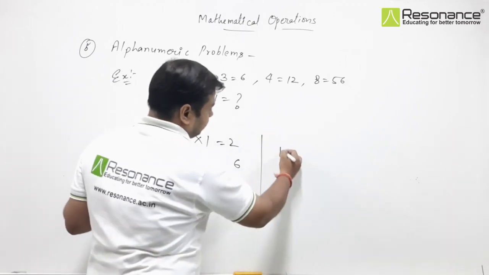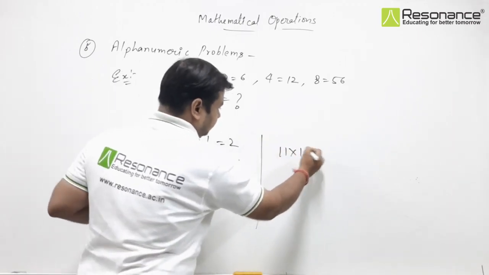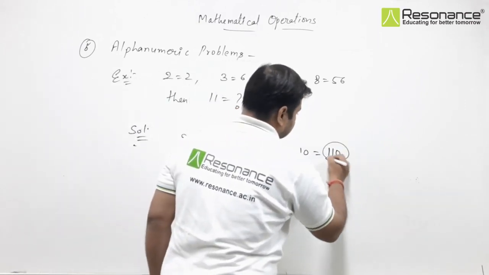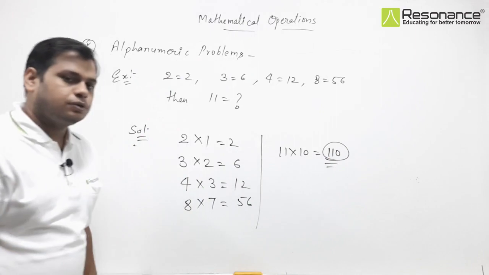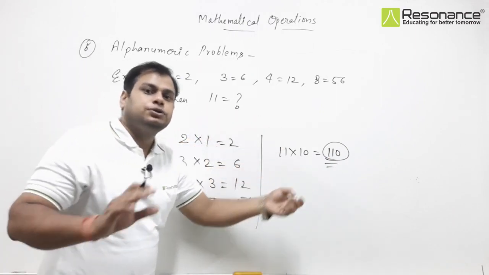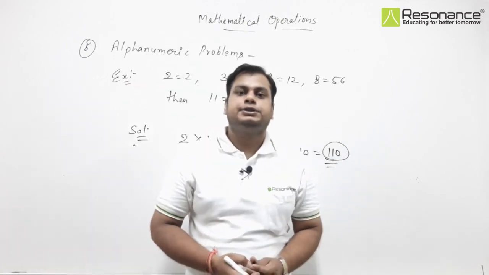So to find the answer, 11 should be multiplied by its preceding number. So 11 multiplied by 10 will give us 110. So the answer of this is 110. This is how we have to solve the questions.